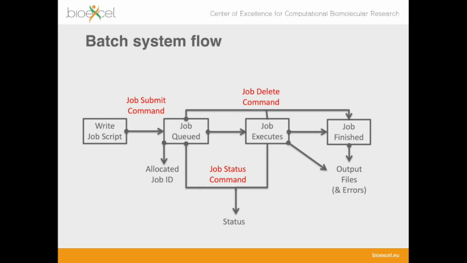So broadly speaking, this is the flow. While the job is queued and executing, you can check the status. Some systems even provide a web interface to do this, or can alert you via email on the status of your job.